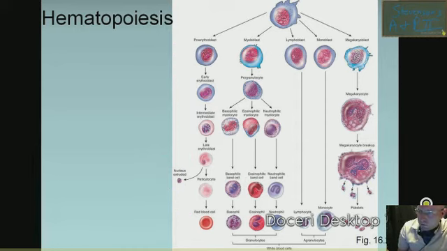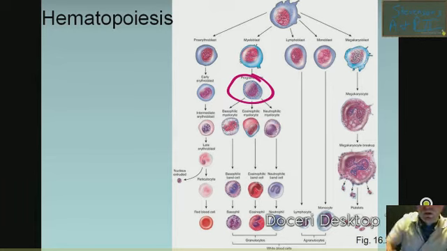Myeloblast will basically make up three different types of white blood cells eventually. The myeloblast will differentiate into a progranulocyte. The progranulocyte will make up the three different granulocytes eventually, depending on the signals from the body on which of those end up getting produced.